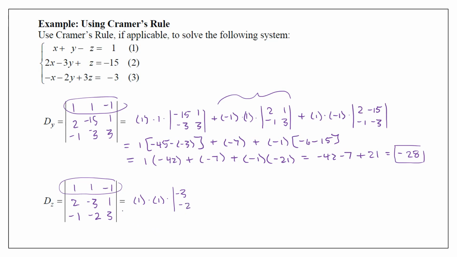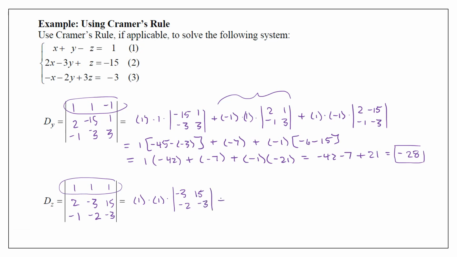Ooh, I forgot to change the coefficients for z. Good catch. So 1, 15, negative 3. There we go. Now we can continue. So negative 3, negative 2, 15, and negative 3.